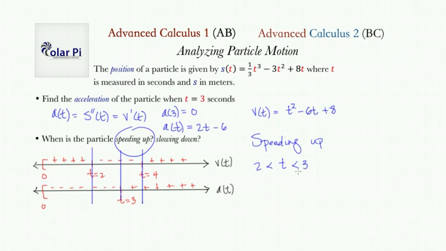So the particle is speeding up in these parts. And also, again, from t equals 4 on, because both velocity and acceleration are positive there. So let me write, and t greater than 4, right? Okay, cool. And the particle is slowing down elsewhere when velocity and acceleration don't have the same sign.